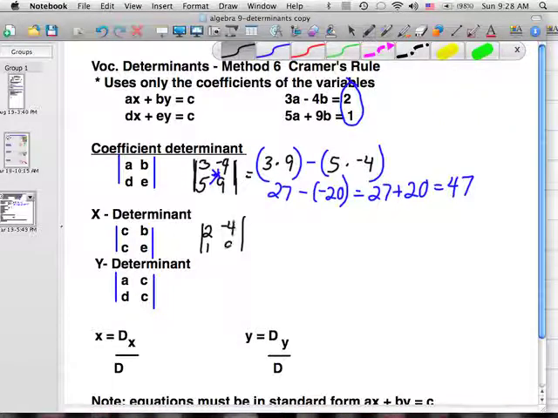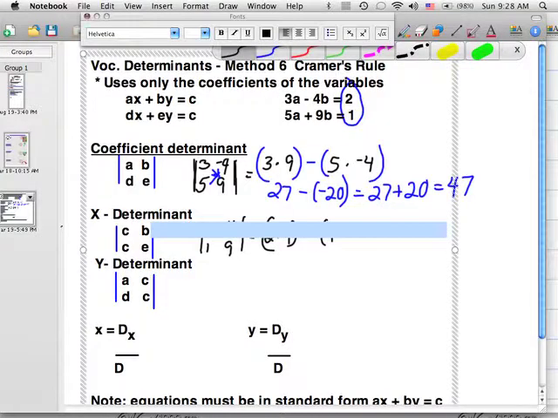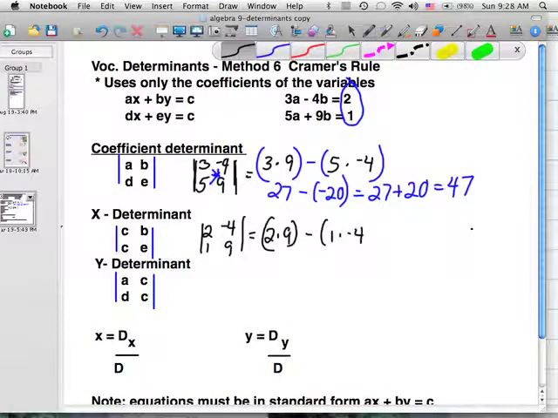And then we do our multiplication again. 2 times 9 minus 1 times -4. So that's 18 minus a -4, or 18 plus 4, which is 22.